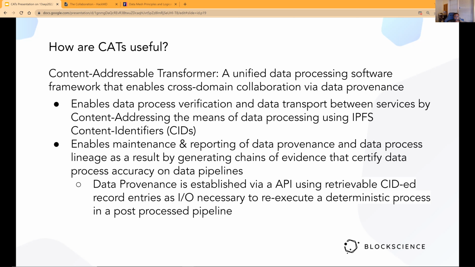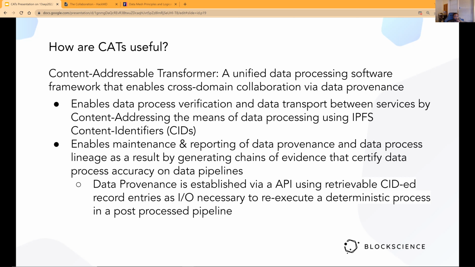So just to reword that, provenance is established in the API using retrievable CID record entries, which also contain CIDs, right? These record entries are the input and output necessary to re-execute a deterministic process in a pipeline that has been post-processed, a pipeline of CATs.